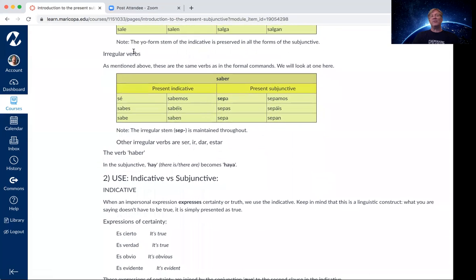Finally, you have some irregular verbs, such as saber. Saber, we cannot take this yo form, sé. Doesn't give us enough. So we take sep, saber, sepa, sepas, sepa, sepamos, sepáis, sepan. These are irregular.